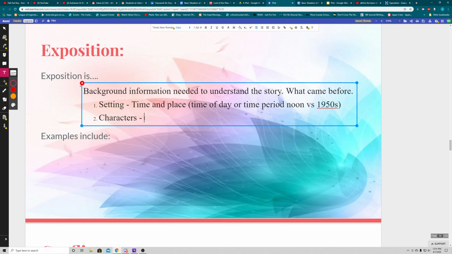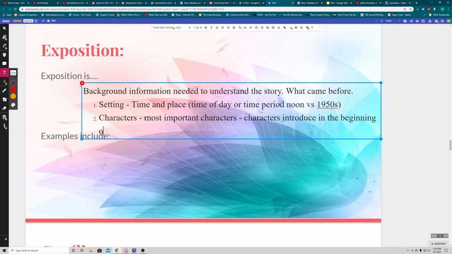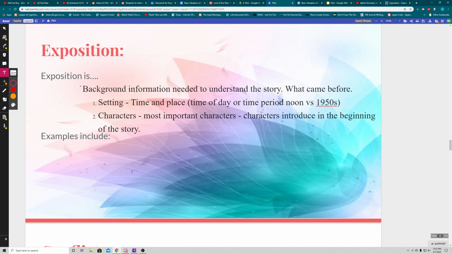So the exposition will only include the most important characters when we're discussing them in class, but typically this will be the characters introduced in the beginning of the story. Okay? And so that's the basic overview of what exposition is.